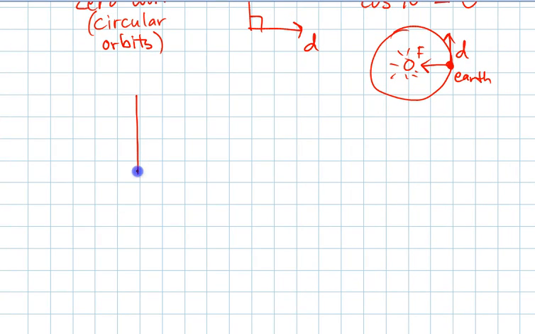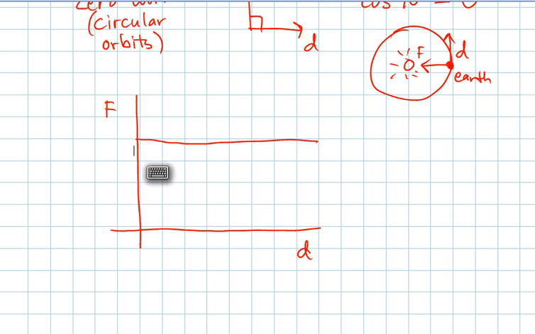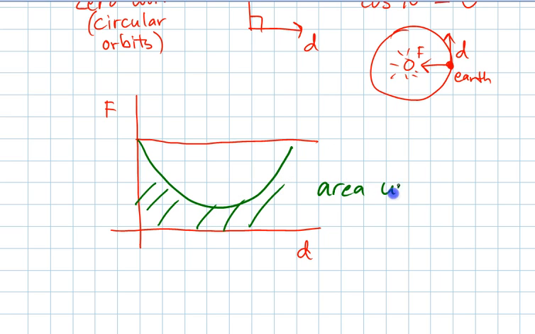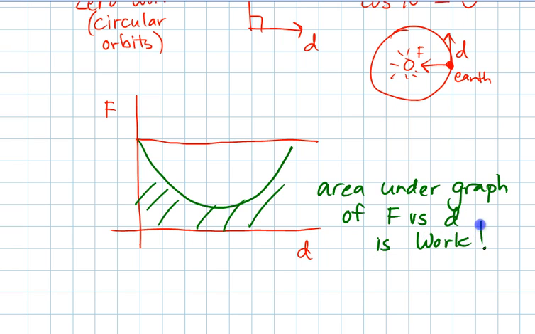And one thing to keep in mind is that if we have a force versus displacement graph, if I have a constant force, or if I have some sort of changing force, whatever the case may be, the area underneath the graph of force versus displacement is work. And that's because, again, we have to multiply force times displacement.